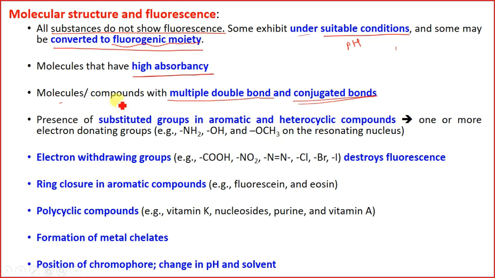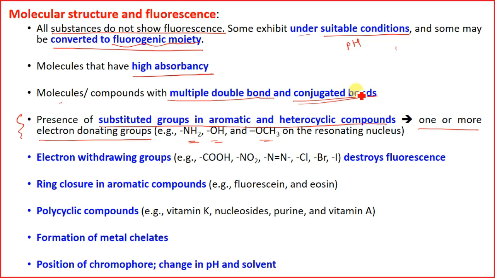Now, presence of various substituted groups in aromatic or heterocyclic compounds, especially one or more electron donating groups like NH2, OH, OCH3 on the resonating nucleus, will promote fluorescence. So you have to have an excess of electrons in the chemical structure so that it shows fluorescence.